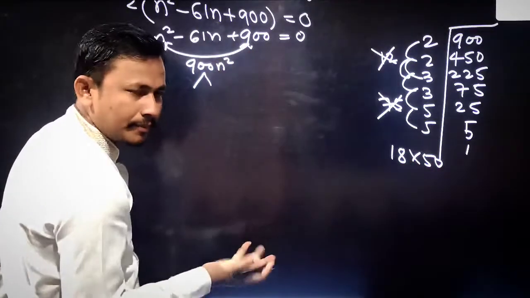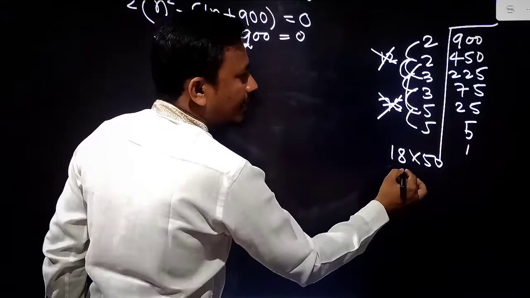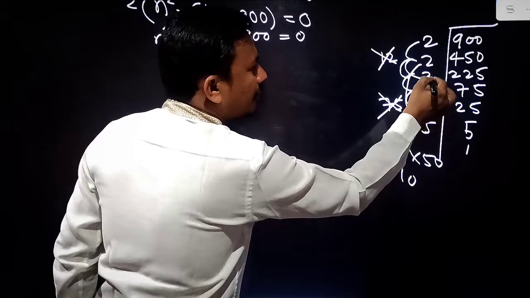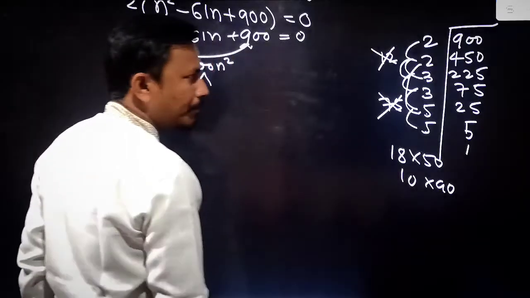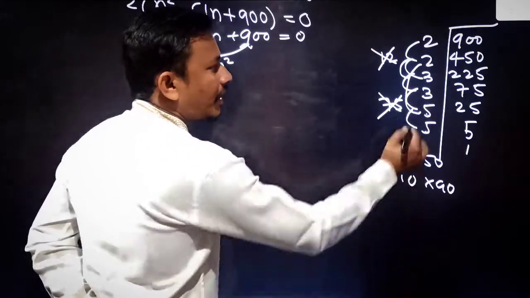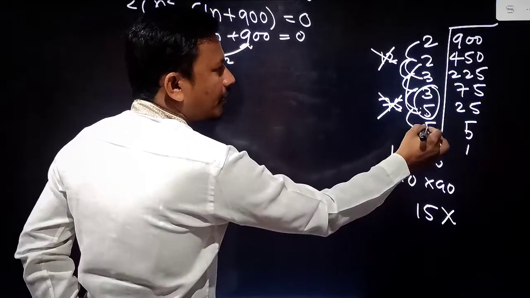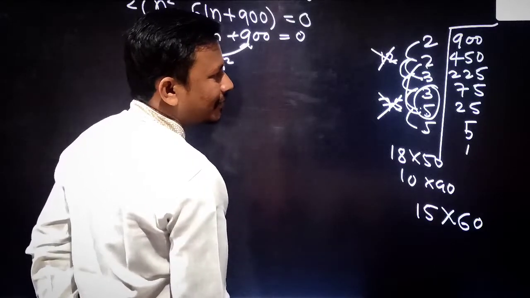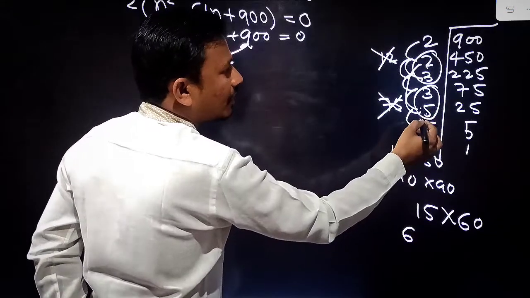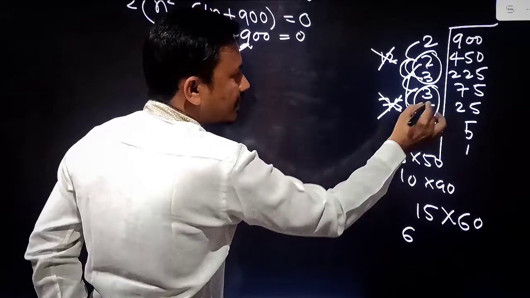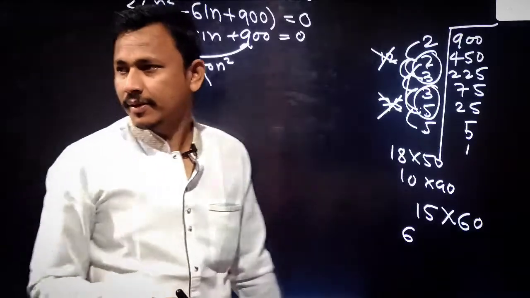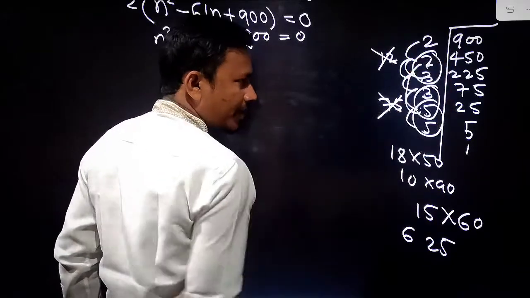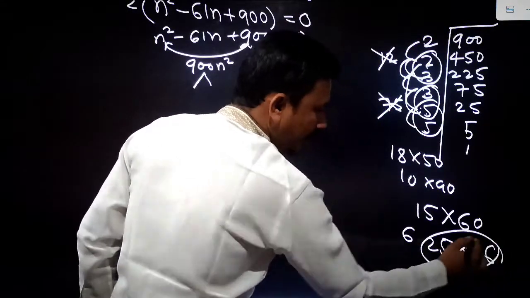Okay, this won't work, leave it. Next, 5 2s are 10, 5 5s are 25, 5 3s are 15, 15 3s are 45, 45 2s are 90. Correct, this doesn't work. Next, 5 3s are 15, 15 2s are 30, 30 2s are 60. This doesn't work either. Again, 2 3s are 6, 6 5s are 30, doesn't work. Take 5 5s are 25. Next, let's see 3 3s are 9, 9 2s are 18, 18 2s are 36. Correct? 36 plus 25 is 61. Okay.